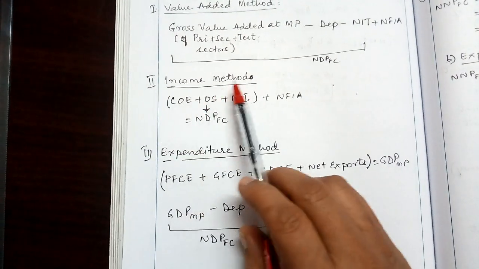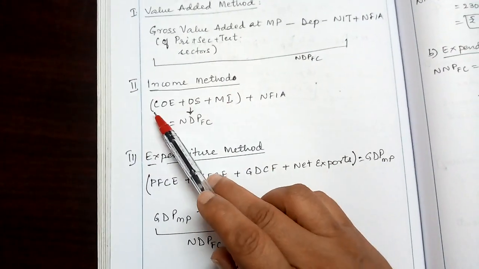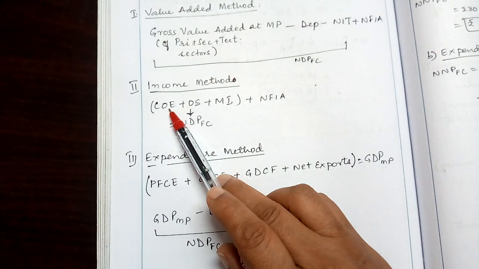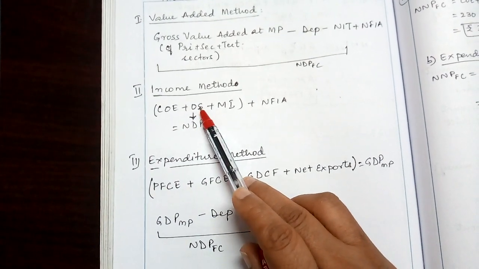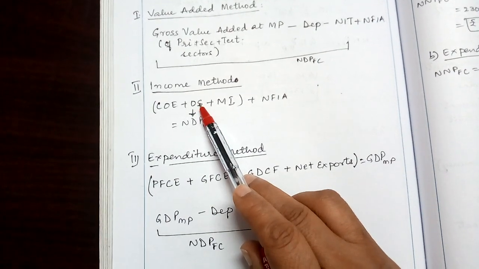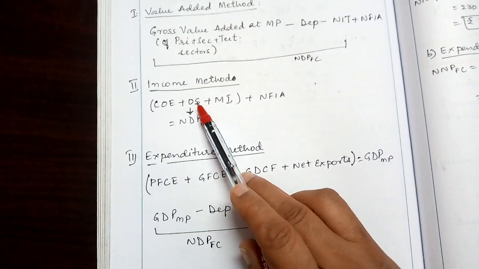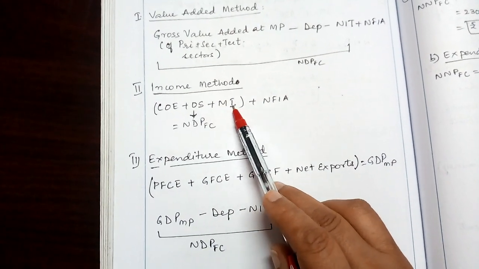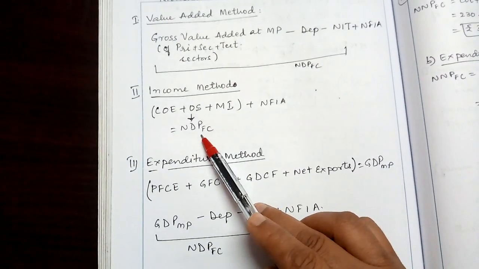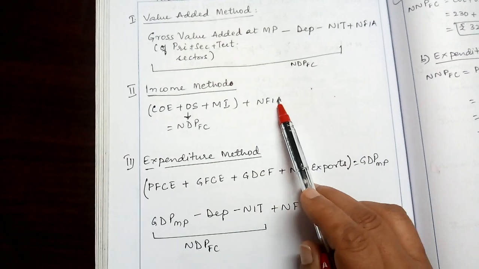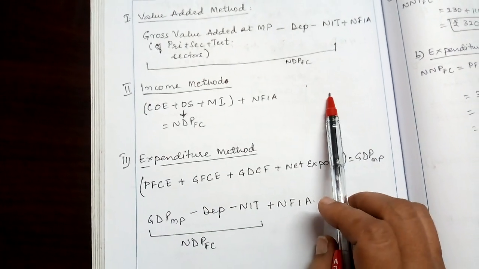From the second method, that is the income method, we had compensation of employees, that is wages and salaries, plus the operating surplus, which was rent, royalty, interest and profits, plus mixed income group. All the factor incomes put together would give us domestic income, plus net factor income from abroad gives us national income.